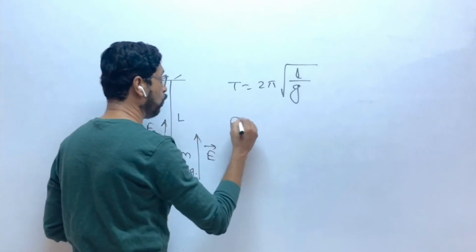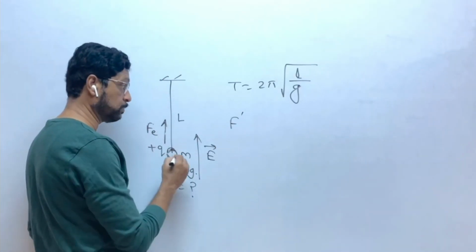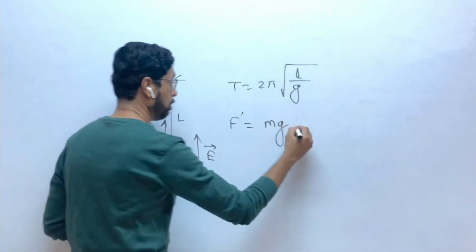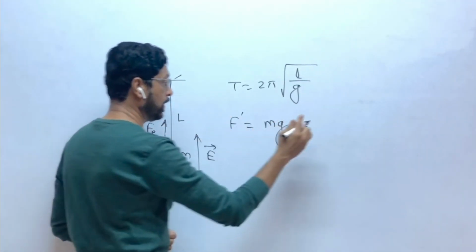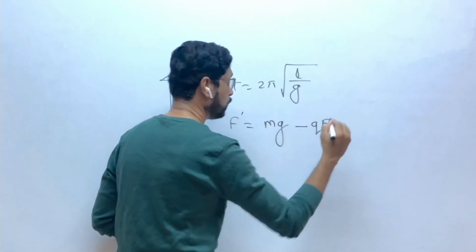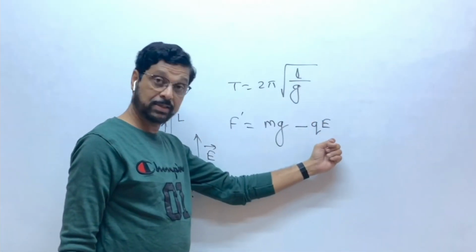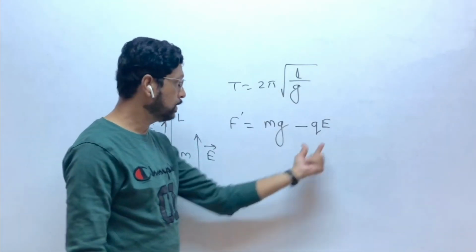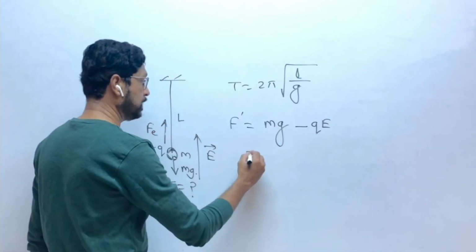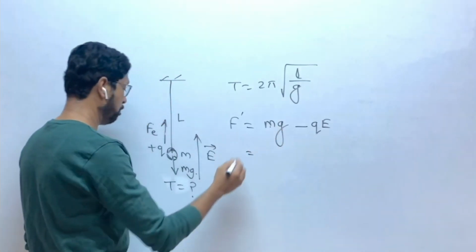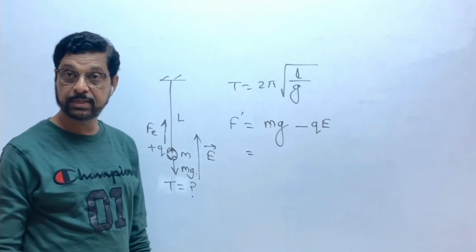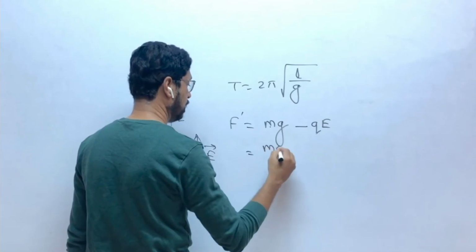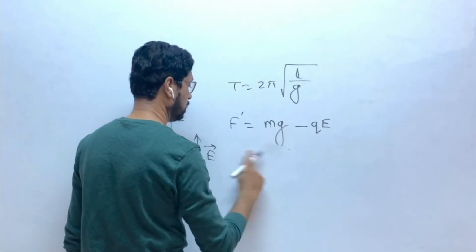So net force on this bob will be its weight mg minus force due to electric field, that is QE. Remember this, electrostatics: force on a charge Q when it is kept in the electric field is how much? QE. So that is equal to m, mass of the bob, is it given? No. So mg minus QE as it is.